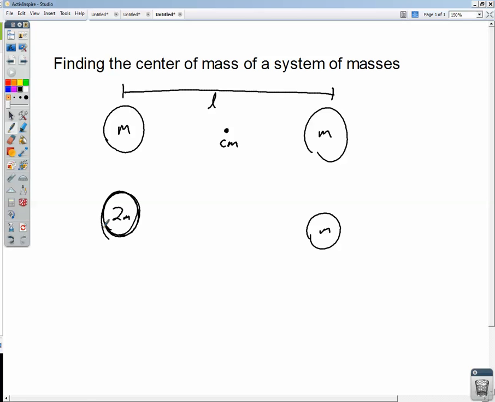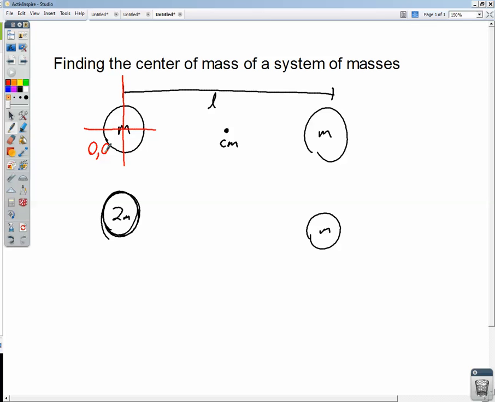But we need a way of mathematically showing what this center of mass is going to be. The first step in any of these center of mass problems is you need to pick your origin, the place where your x and y coordinates are 0. For this problem, I'm going to put that place as my origin, 0, 0. The way we find the center of mass of a system is we compare the total mass of the system to the masses and the positions of each mass in the system.